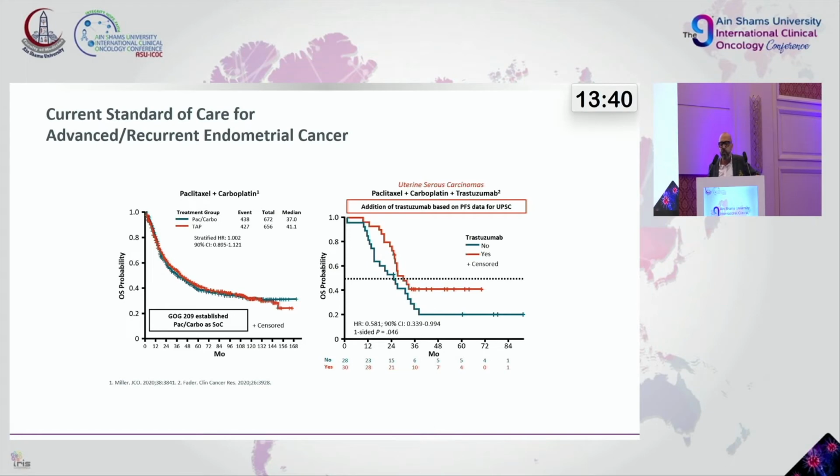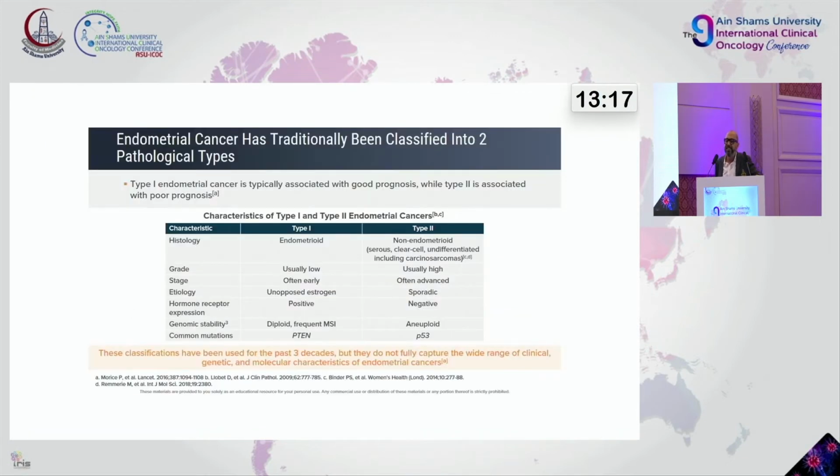We have seen that there was no difference between paclitaxel and carboplatin doublet versus carboplatin, paclitaxel and doxorubicin, with increased toxicity for the triplet therapy. Addition of trastuzumab to paclitaxel carboplatin in HER2 positive endometrial cancer has led to an improvement in hazard ratio of overall survival to 0.58.